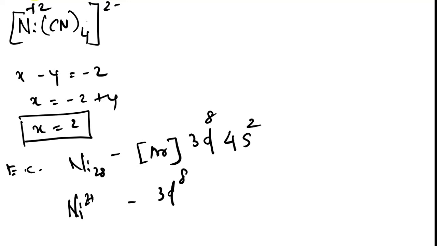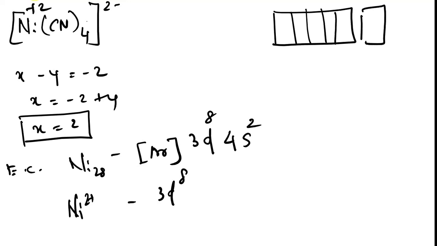So 3d8. So let us write the electronic arrangement. 1, 2, 3, 4, and this is the s orbital, this is the p orbital. So here 3d8, in the sense the electrons will be arranged like this. 1, 2, 3, 4, 5, 6, 7, 8 electrons. So these two electrons will be half full.